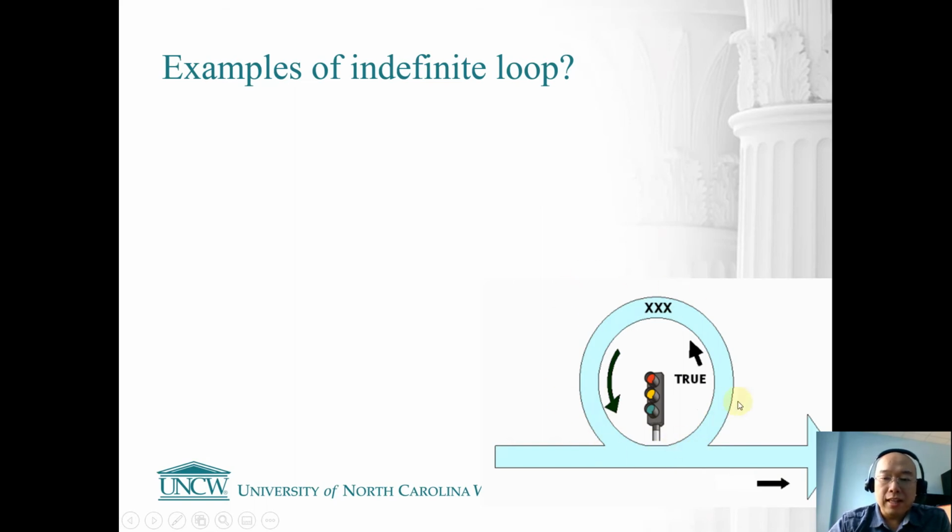Otherwise, we stay in the loop. This is one analogy of the indefinite loop. Because if you check the condition once, if it is green, you just go straight. Otherwise, you stay in the loop, come one round, and check it again. If it is not green, we go around and check it again. So you go around and around and around, and you don't know how many iterations you are going to do.